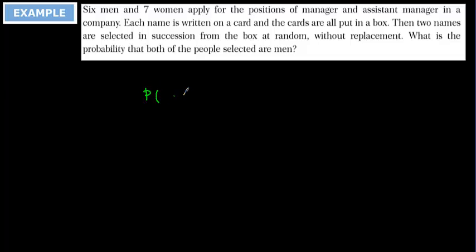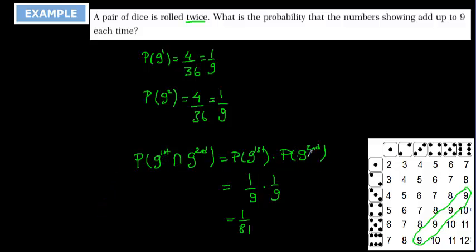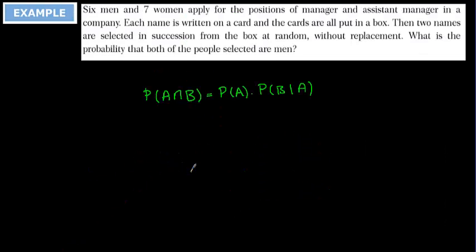This is the probability of A intersection B, which is the probability of A times the probability of B, given that the first one is A. If you remember, the formula was like that. So we are going to do it with respect to this formula. In the previous page, we were directly multiplying, because those were independent events, but these are dependent events.